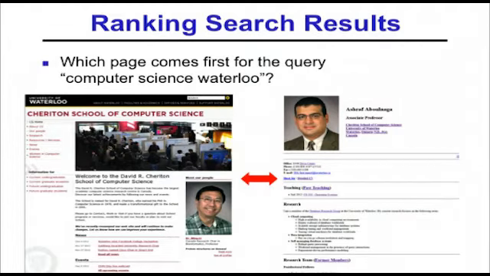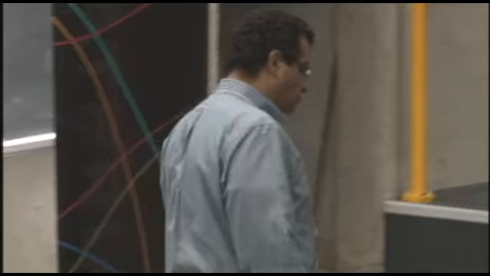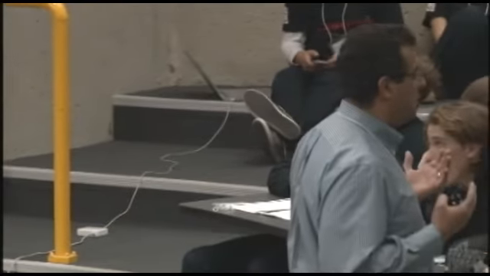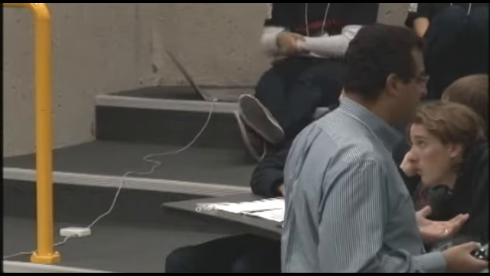So the School of Computer Science web page has the words computer science, and somewhere here there's going to be University of Waterloo up there. And my home page also has the words computer science Waterloo.